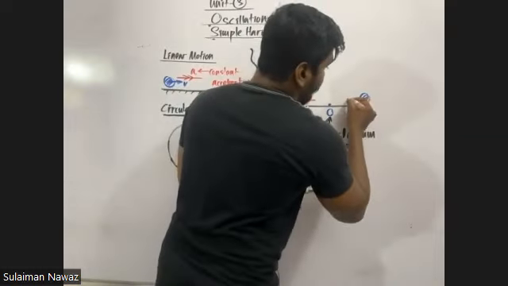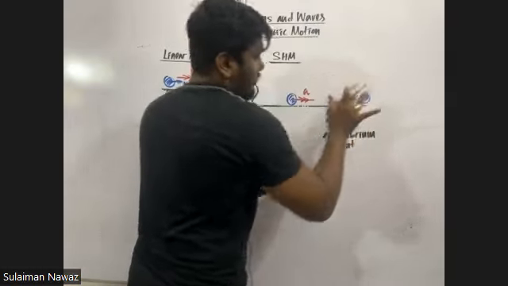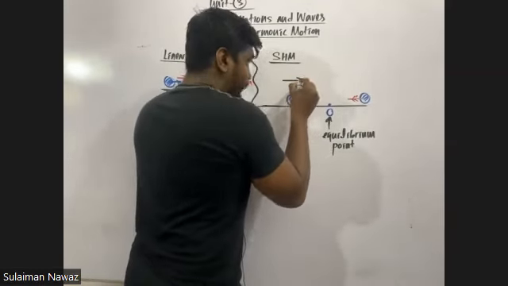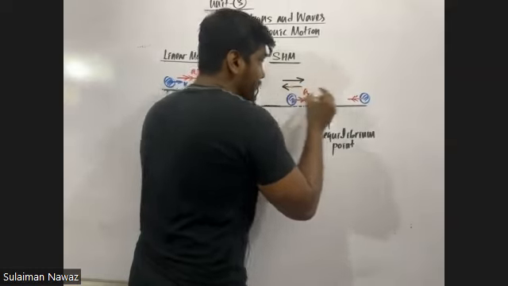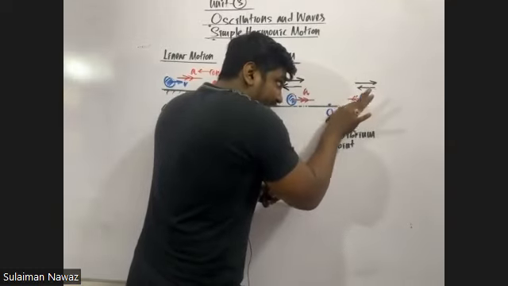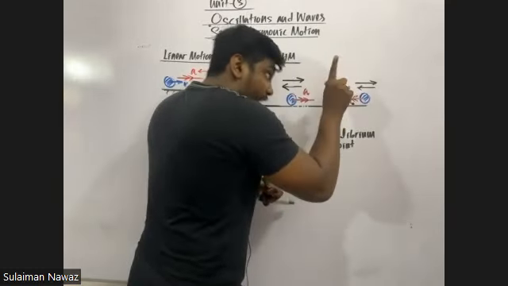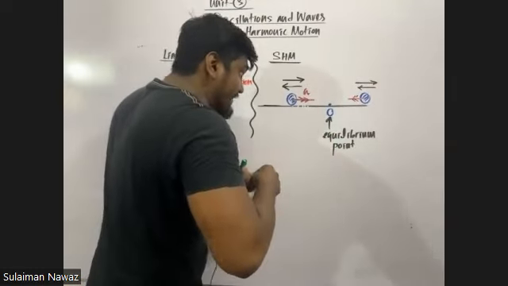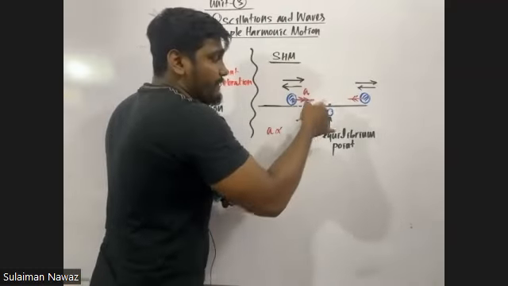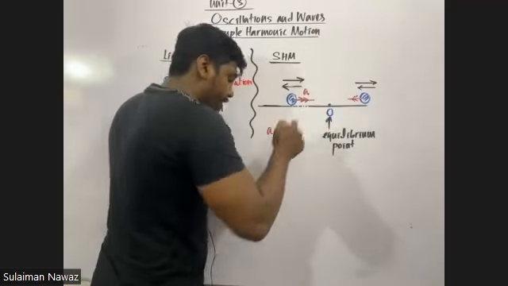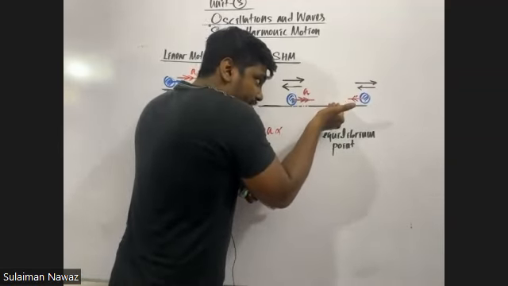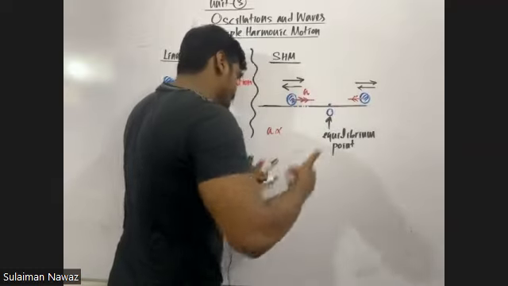This object can be moving in this direction, no matter whatever direction the object moves, the object's acceleration is to the center, and that acceleration is proportional to the displacement measured from the equilibrium point. Let's say when this object is somewhere here, the displacement measured from the equilibrium point capital O is, I say, simply x.